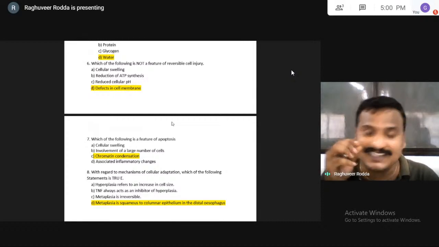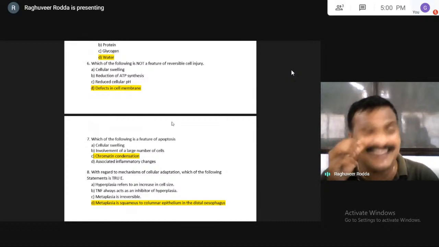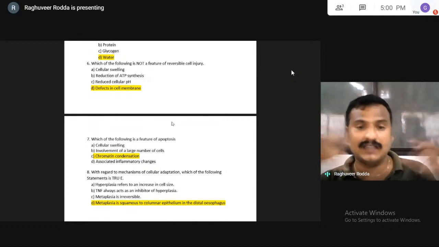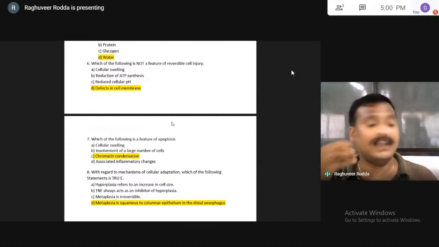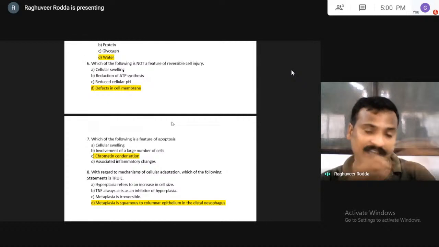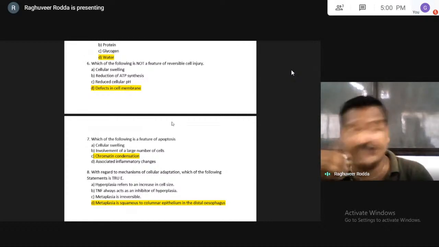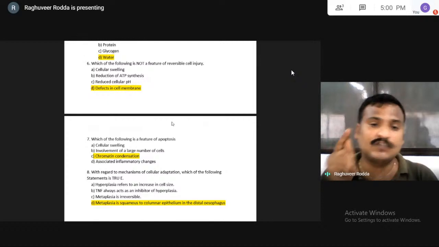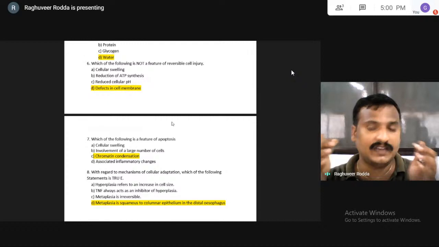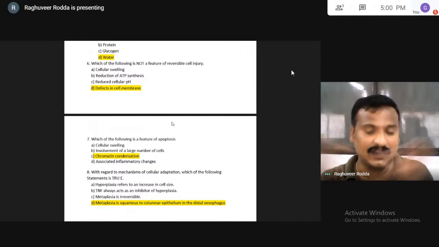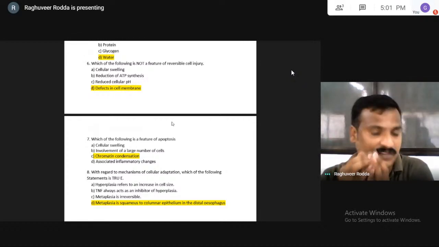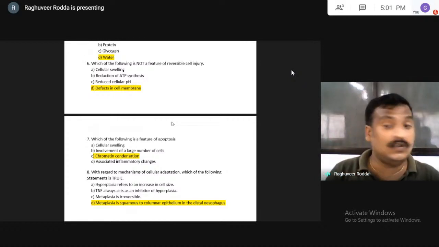The chromatin that is in the nucleus will be broken down by the nucleases, by the endonucleases, and converted into small fragments or condensed. All the chromatin material, the chromatids present in the nucleus, will form a mass-like structure.